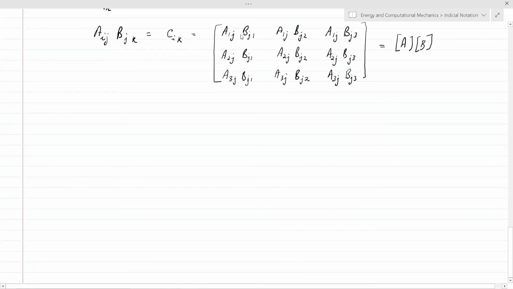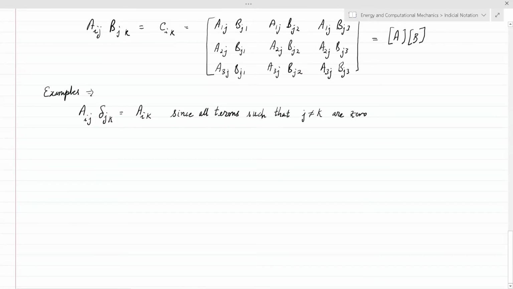So this component right here can be expanded as a11 b11, plus a12 times b21, plus a13 times b31. So that will be three components here, and I will have 3 and 3 and 3 and so forth. So that's how you do that. And why is it a second order tensor? You can see clearly that it is a 3 by 3 because there are two indices that are independent, not repeated, and free.